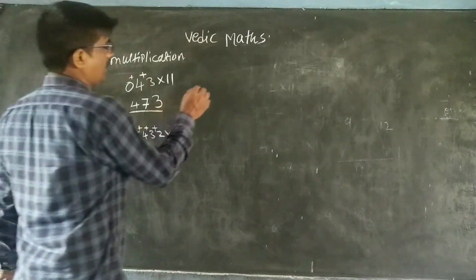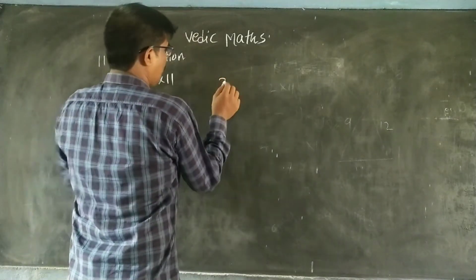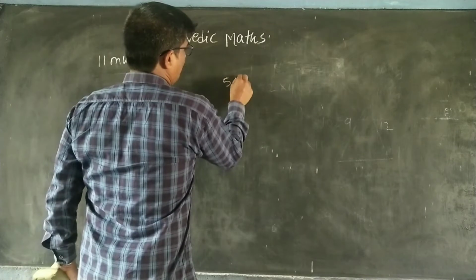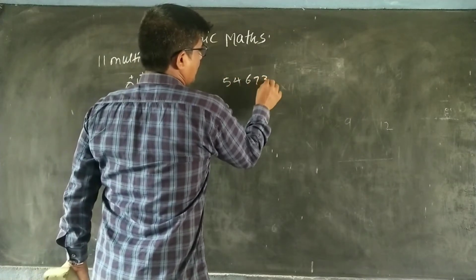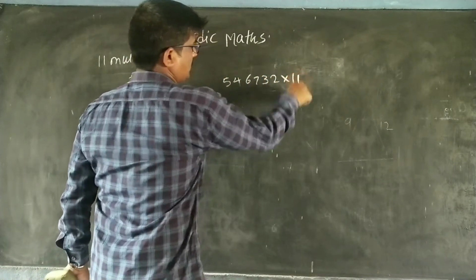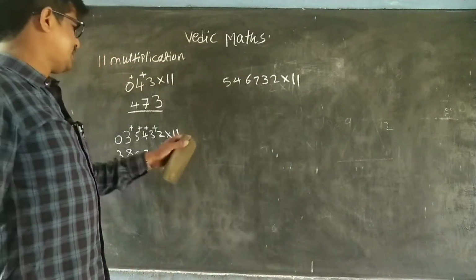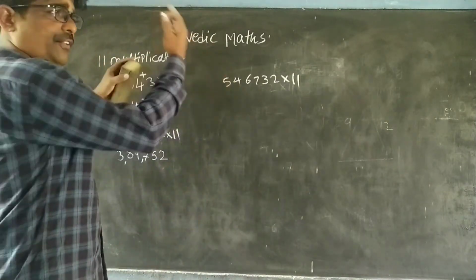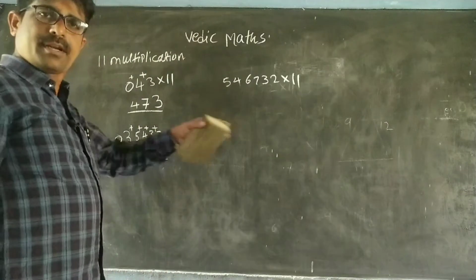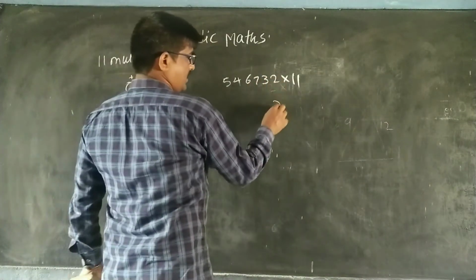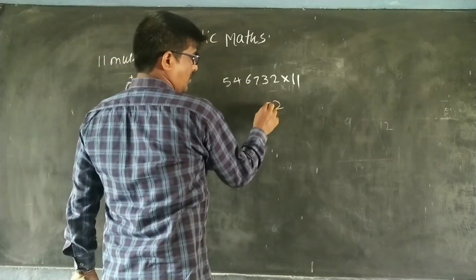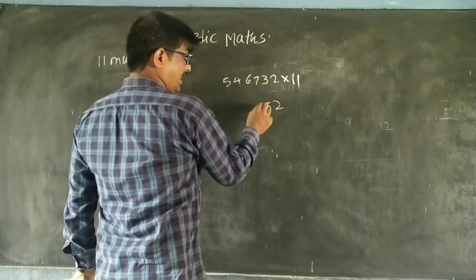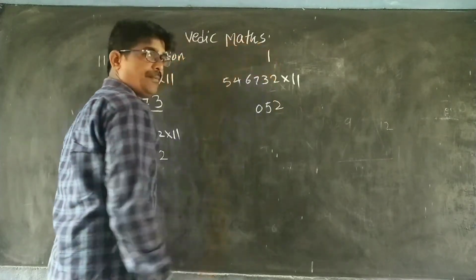Next, you have to take another number. So, 5, 4, 6, 7, 3, 2 into 11. Same as before, addition only. First write the number, then add the previous number. 2 as it is. 2 plus 3 is 5, 7 plus 3 is 10, write 0 and carry 1.